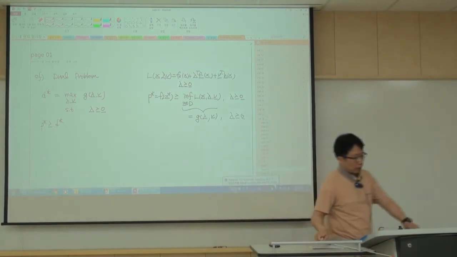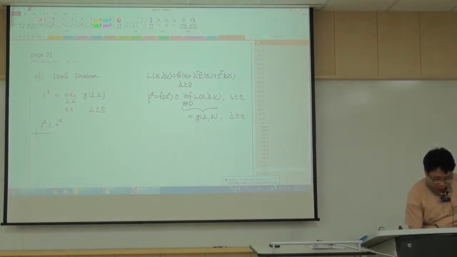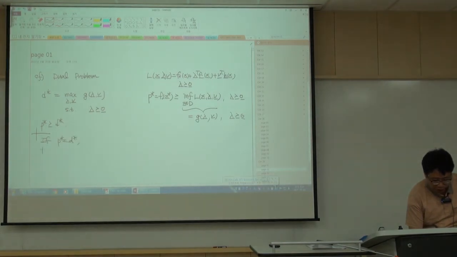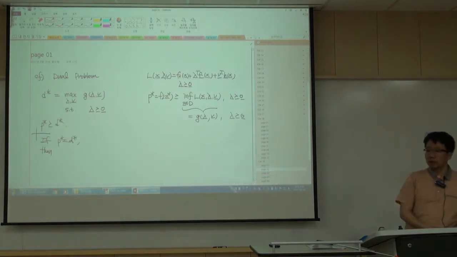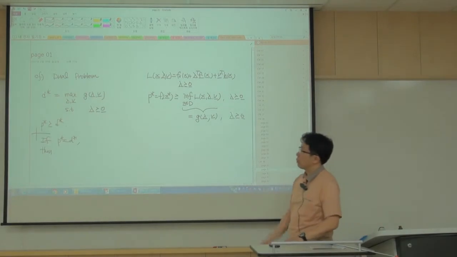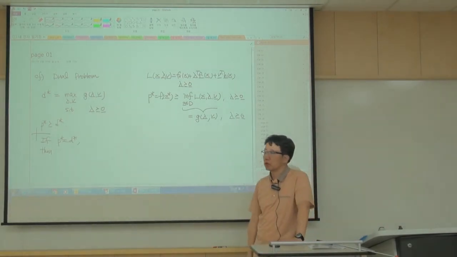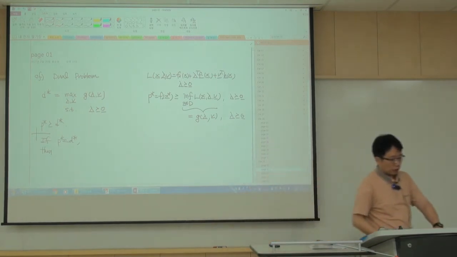If you remember, if strong duality holds, we can say a lot. What would we say if strong duality holds and the functions are differentiable?